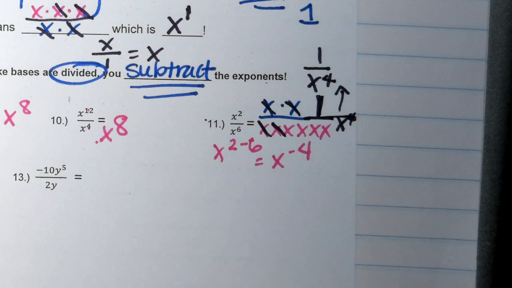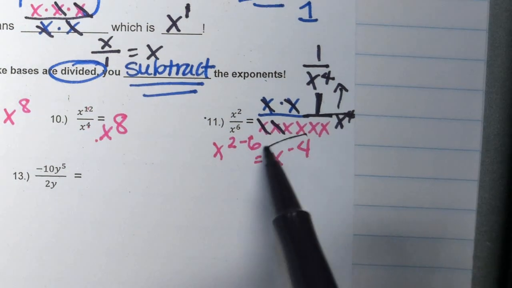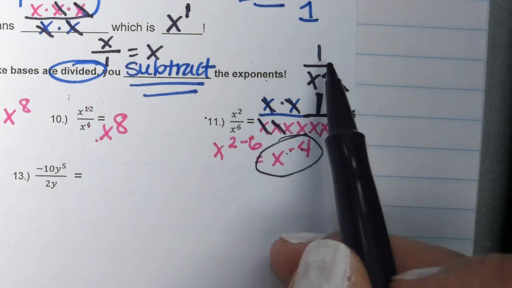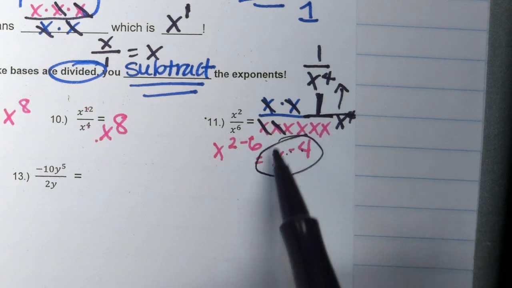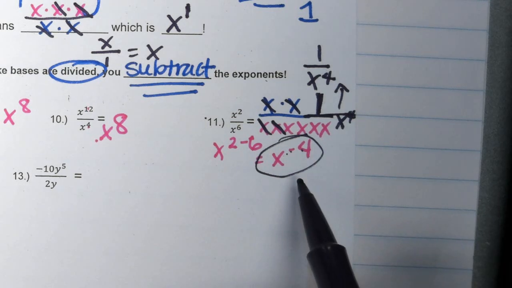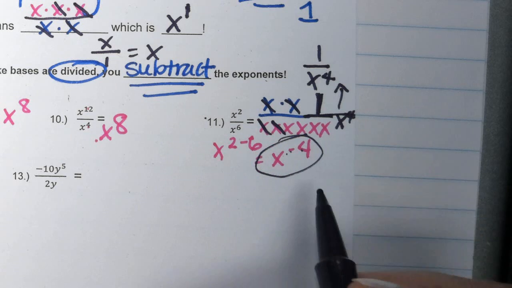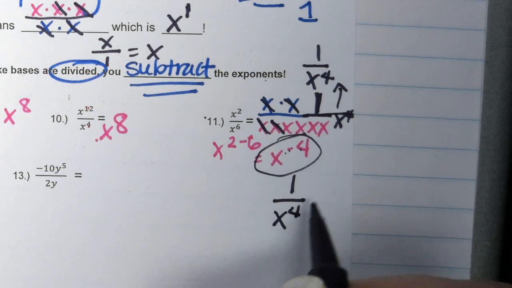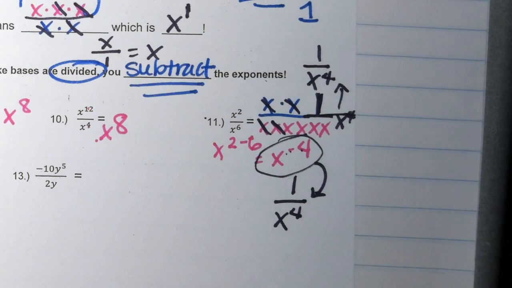So if you have a negative exponent, x to the negative 4, you just move that whole thing down to the bottom of a fraction. If you end up with a negative exponent, the proper way to write it is with a 1 on top, and then you move that exponent down to the bottom. And it's the same thing.